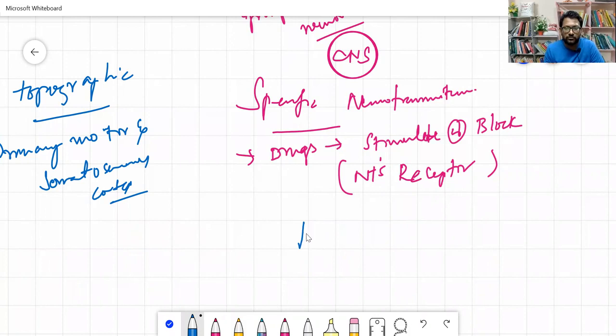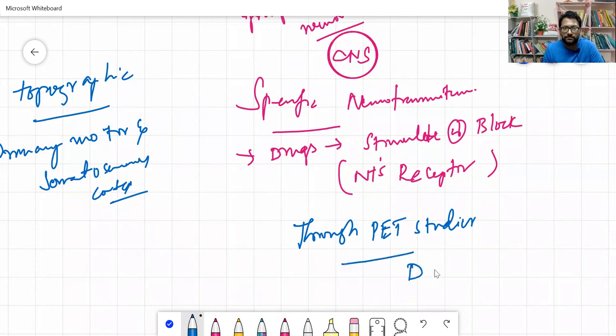And through PET studies, specific neurotransmitters such as dopamine can be imaged in humans.